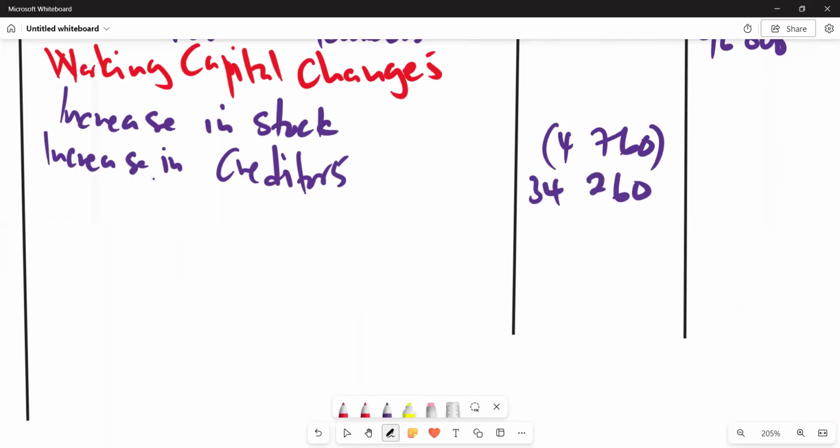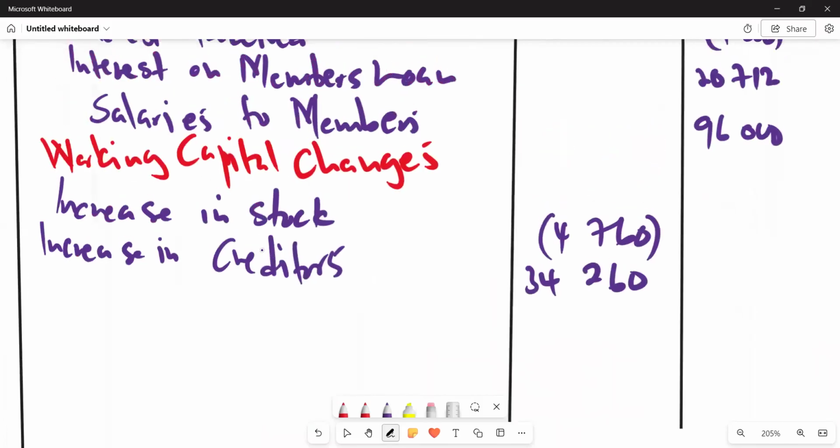So we're just going to say negative 4,760 plus 34,260, and we get a positive 29,500. This is going to come in line with this working capital. So you're saying 29,500 as a positive. So we can now get the final figure here.